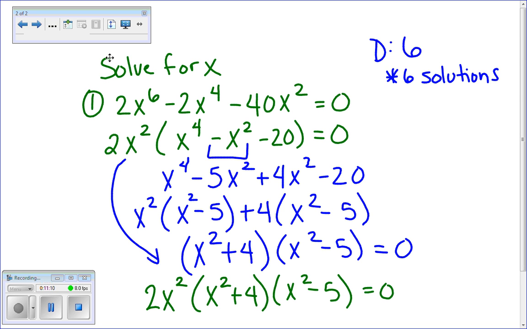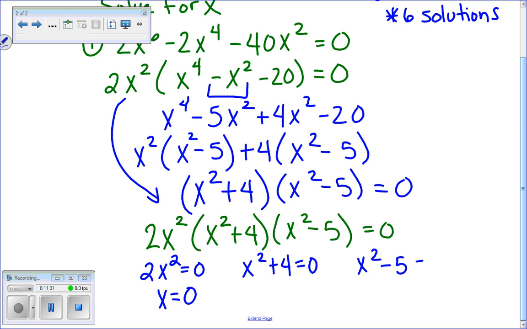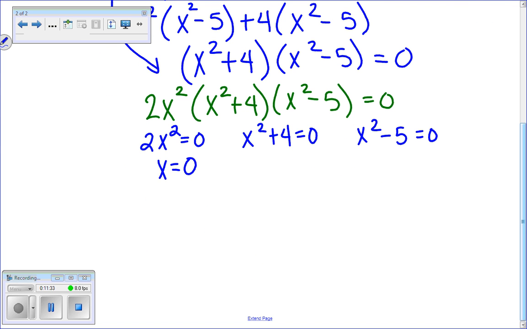At this point, we are factored as far as we can go, so we're going to set all of those factors equal to 0. 2x squared equals 0. That one's easy. Hopefully we know by now that it's just going to be x equals 0. We have x squared plus 4 equals 0, and x squared minus 5 equals 0.